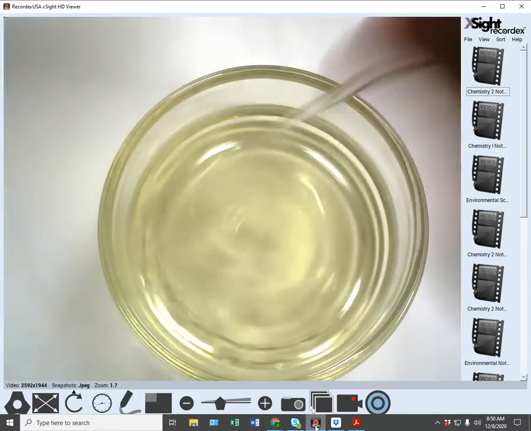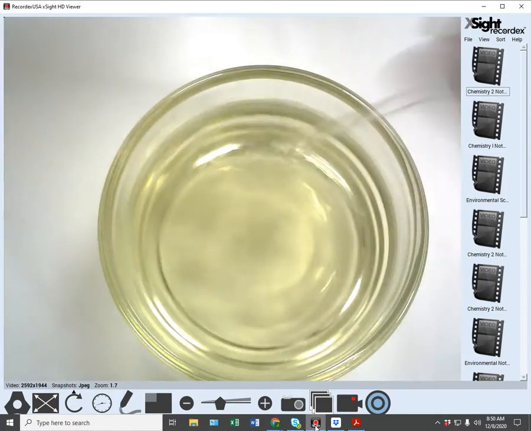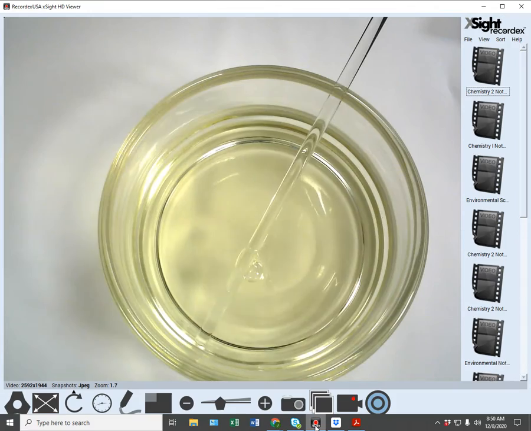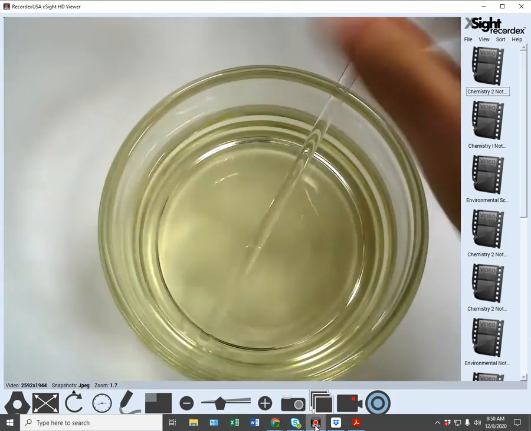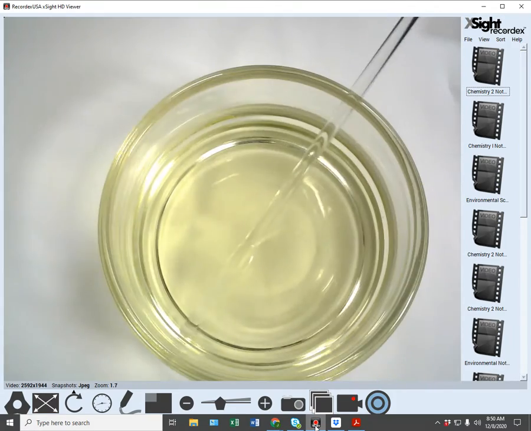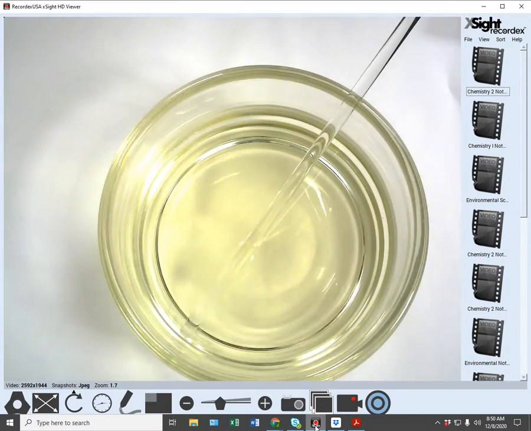Okay, you can see the color basically stays the same, right? Okay, now let's put in sodium hydroxide.